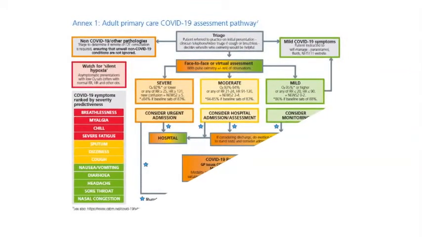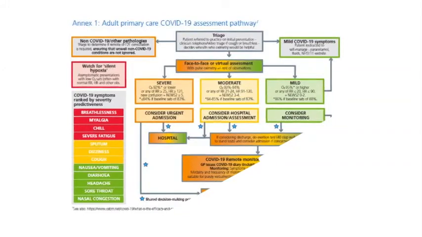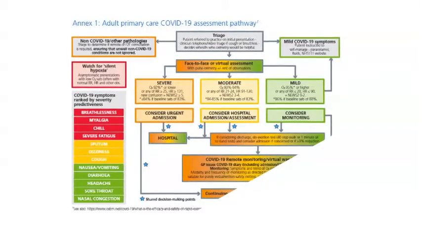So in general, we need to maintain the oxygen saturation of our patients at more than 90%, so between 90 and 95%. This will make a difference in the way we manage our patients. Mild patients need only to be well hydrated and to get symptomatic treatment for fever and pain, like paracetamol only.